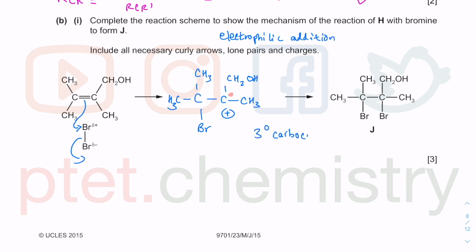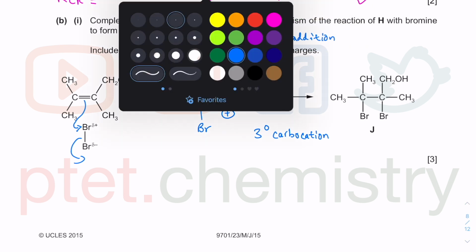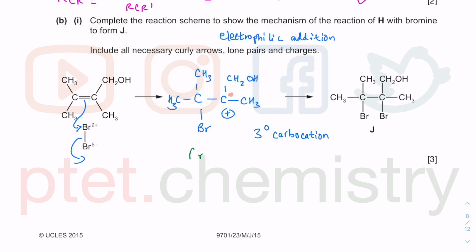A tertiary carbocation is more stable than secondary, more stable than primary, because you've got 1, 2, and 3 alkyl electron-donating groups that can stabilize the positive charge on the carbon. Now the Br minus, with the lone pair on the Br minus, will attack the carbon with the positive charge, and that will result in the formation of the final product J there.